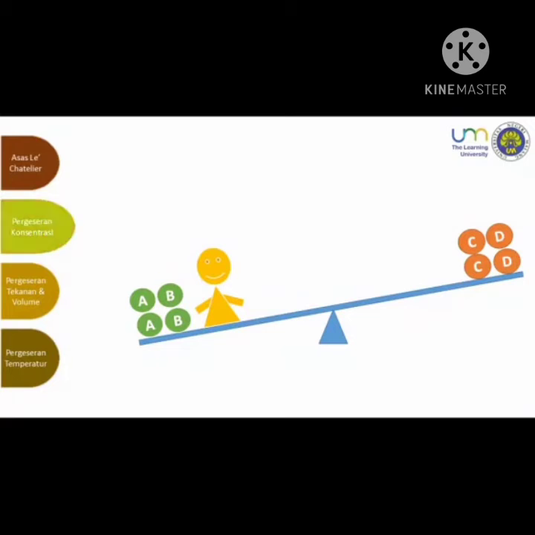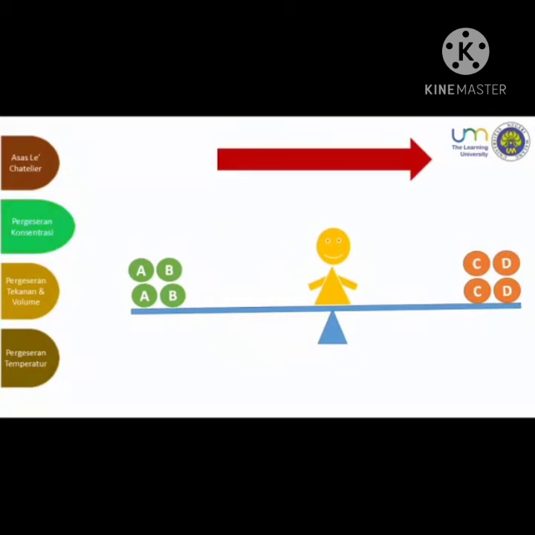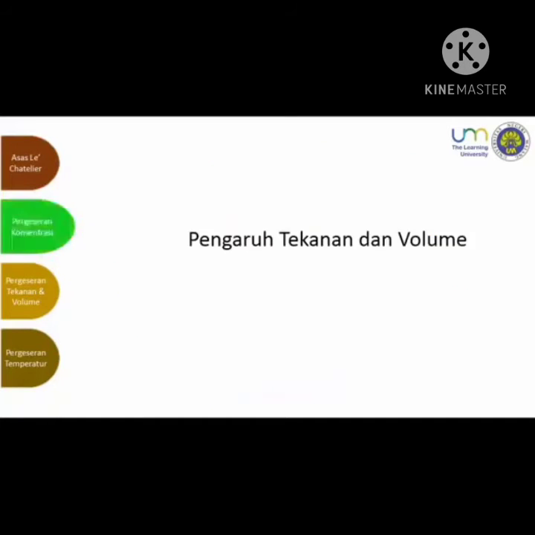So the equilibrium will shift to the right side. From the explanation before, likewise, what if C and D are added? What happens with the equilibrium shift? The next is the effect of pressure and volume.